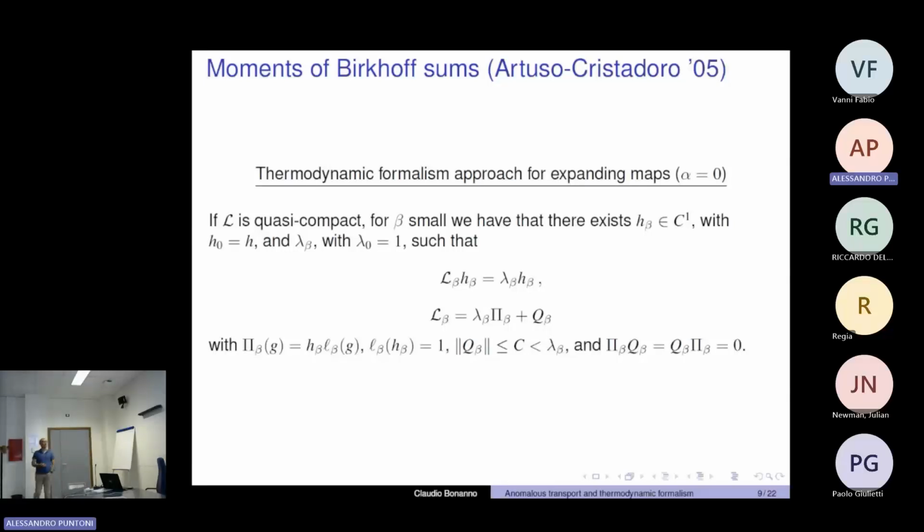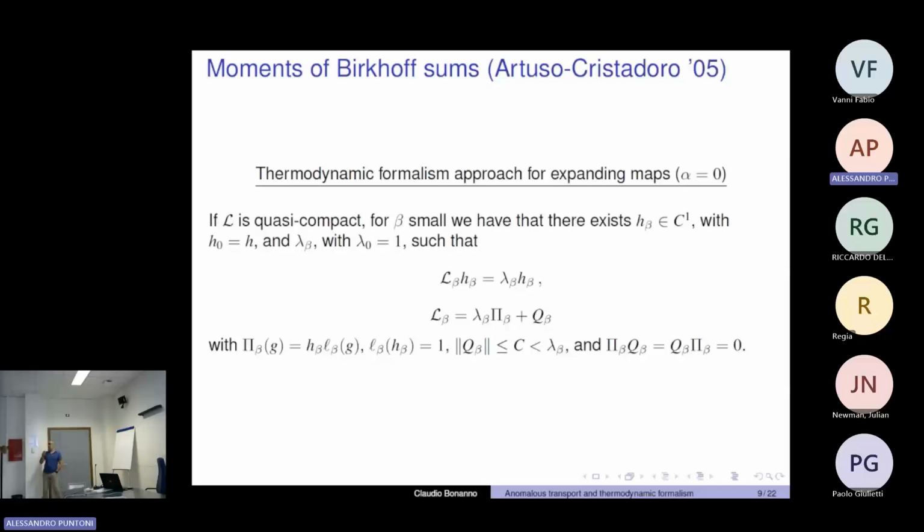In particular, we can write it as a sum of a projection over the eigenfunction corresponding to the highest eigenvalue, plus something which is the rest, which is smaller in norm than the biggest eigenvalue, and this distance is bounded by some constant c. And this is true for beta small enough.